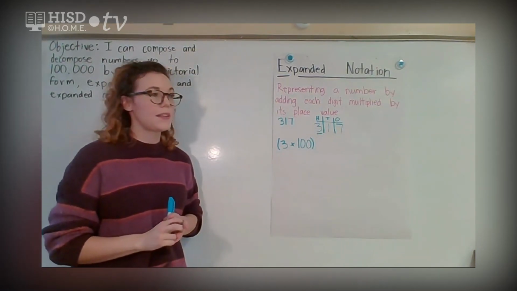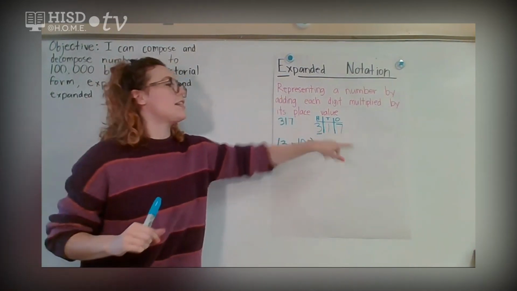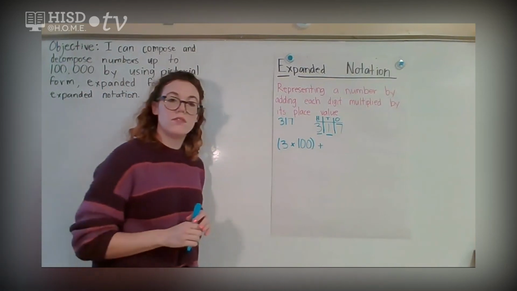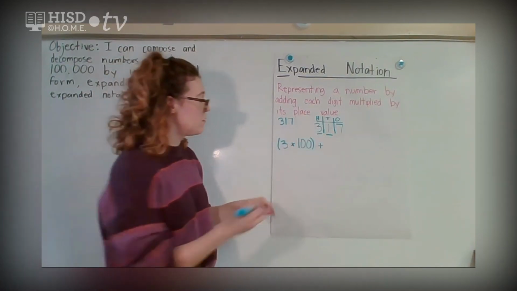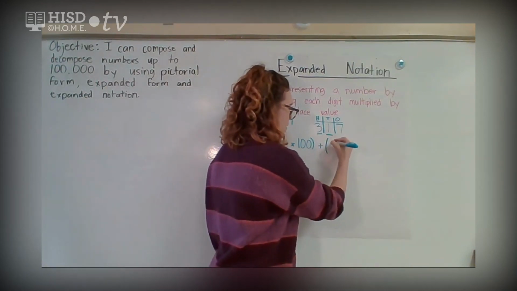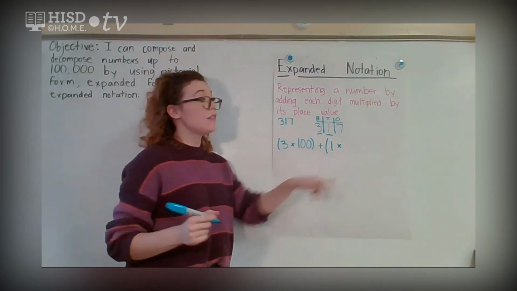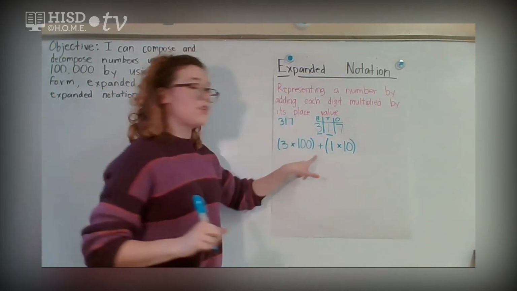I'm going to close that parenthesis and do an addition sign. I'm adding each of these sections together. Now, how many groups of 10 do I have? This digit tells me I have one group of 10. I'm going to put another parenthesis. One group of, or a multiplication sign, 10. I have one group of 10.